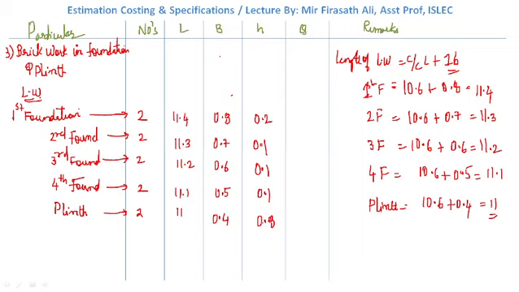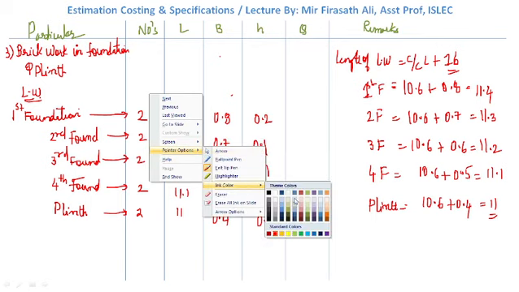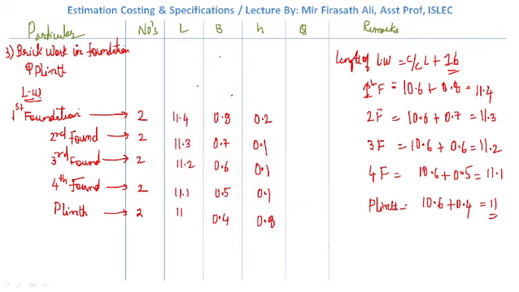Okay. Now what we need to do? We need to multiply all these values. Two into 11.4 into 0.8 into 0.2. So this value will be 3.65.